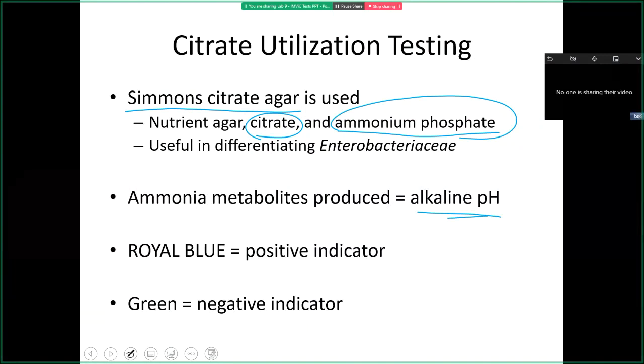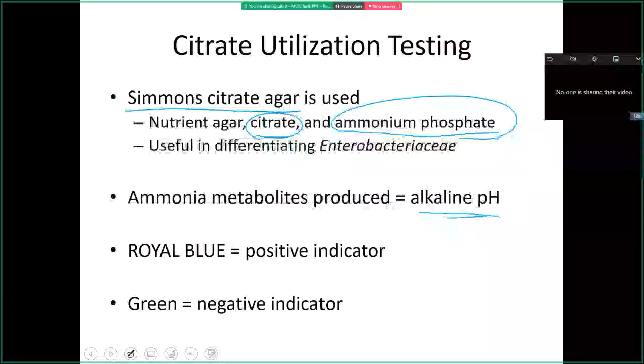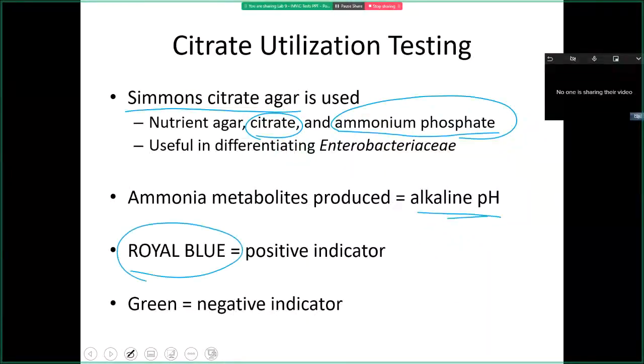So that's what the ammonium phosphate's in there for. The pH indicator is royal blue. Now, royal blue starts off green. In a neutral pH condition, it's going to be, not really bright, but forest green, an obvious green. Definitely green.